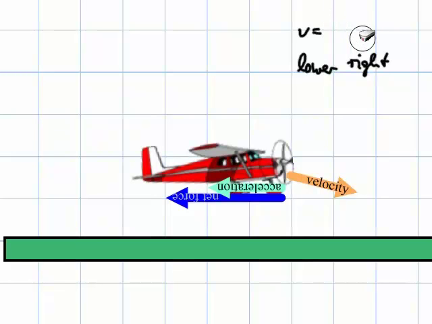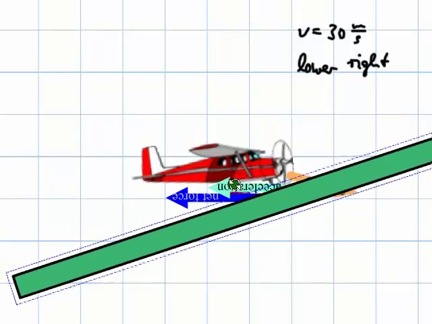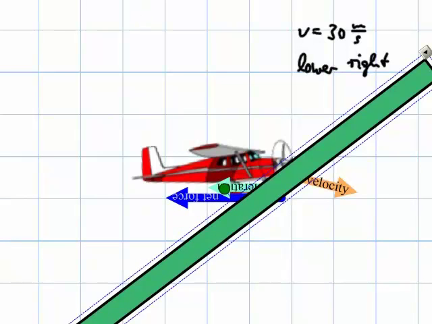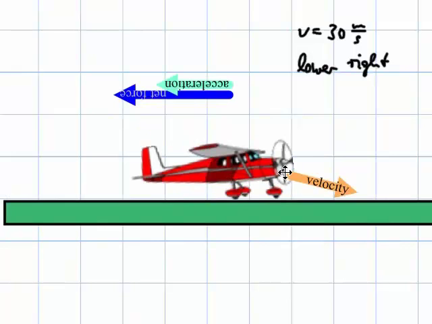So perhaps this one here will be 30 meters per second, just as her takeoff speed was earlier. So now she is approaching the runway. And there it is. And now, oops, didn't mean to do that. I think I moved this way. There we go.